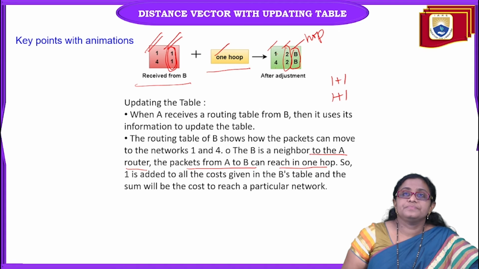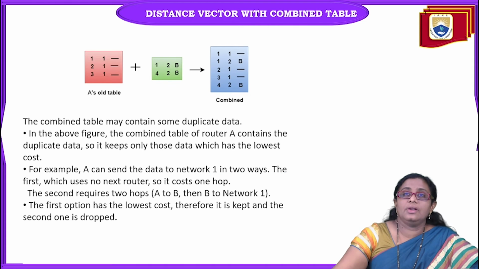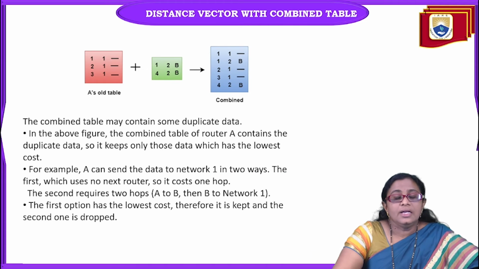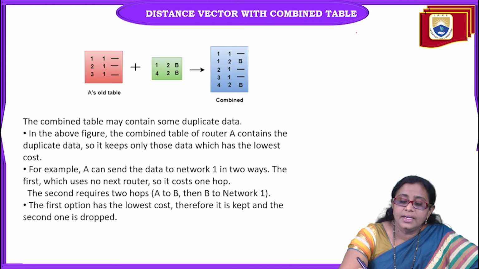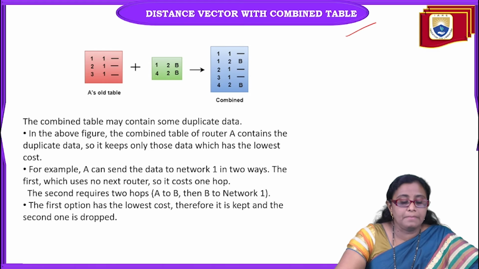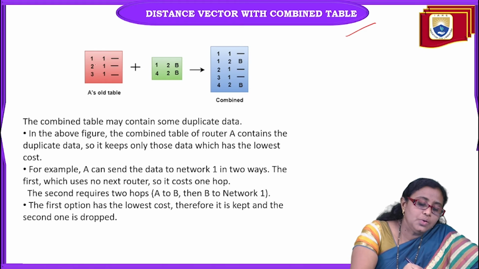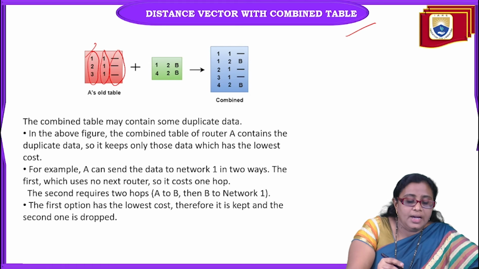Coming to the second table, the example when dealing with the distance vector, is the combined table. Again we have the net ID, the cost of link, and the next hop.